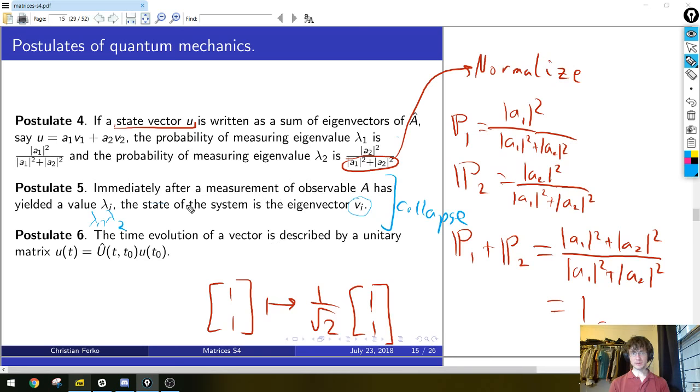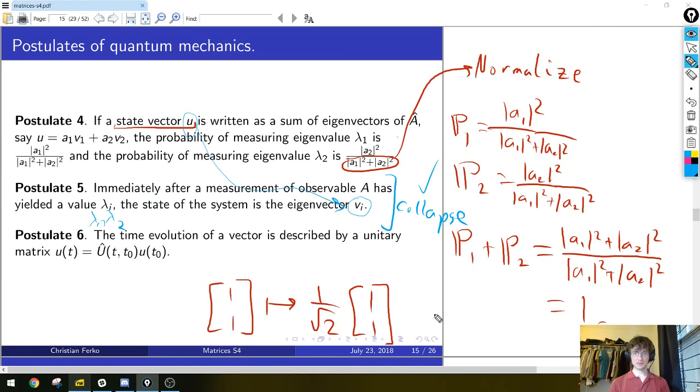So if I perform a measurement and I get lambda 1, immediately after that measurement, the state has collapsed. The state has changed from u into the eigenvector v1 associated with lambda 1. Likewise, if before the measurement the system was in state u, and I get the measurement lambda 2, afterwards the state has changed into the eigenvector v2. So performing a measurement and getting one of the eigenvalues changes the state, so it is now in the state of the corresponding eigenvector associated with that eigenvalue, v1 or v2.